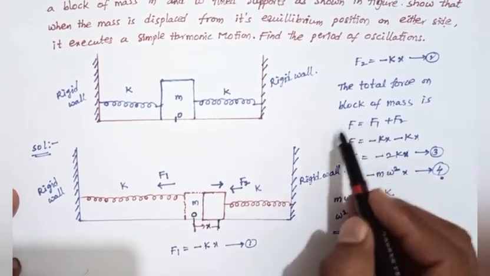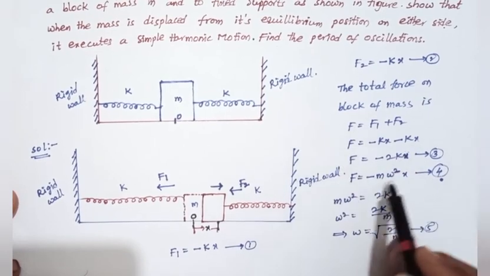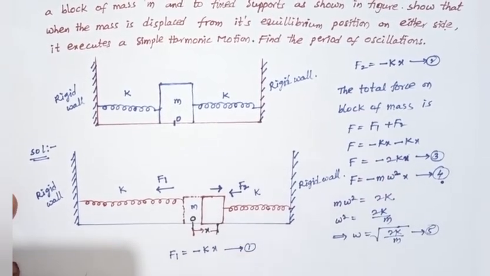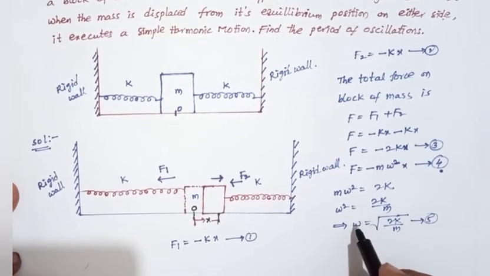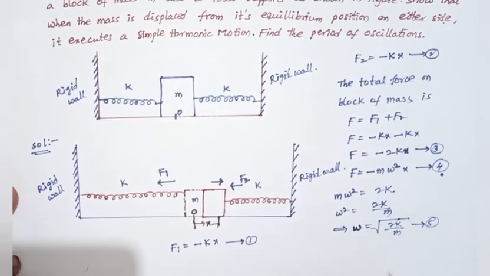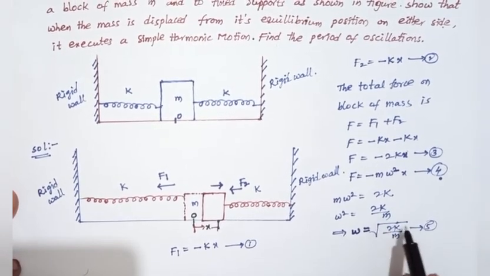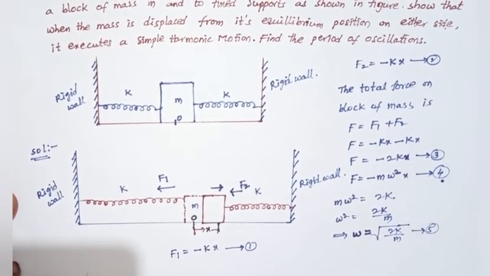Because the restoring force, the total force, is applied on the body, the angular frequency of the simple harmonic motion is omega equals square root of 2k by m.